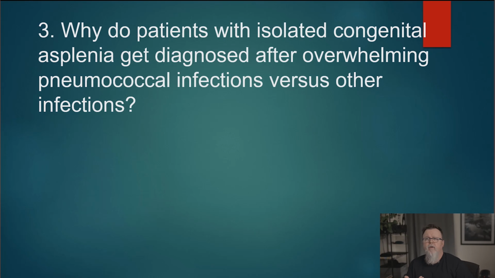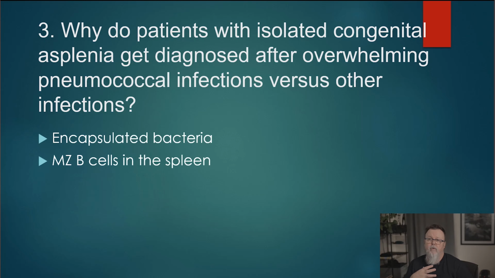And question 3 is asking about why it is that patients with congenital asplenia get diagnosed after pneumococcal infections versus other infections. And what that has to do with is we're talking about these encapsulated bacteria that cause these types of infections. And these encapsulated bacteria are not easily cleared by the innate immune system.